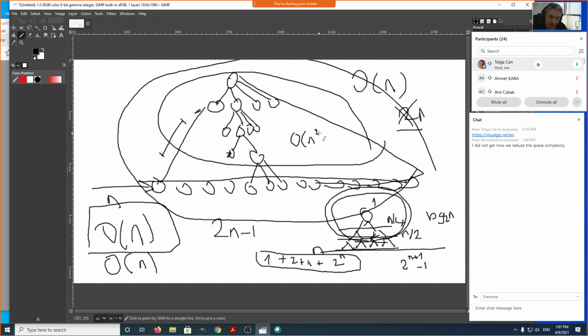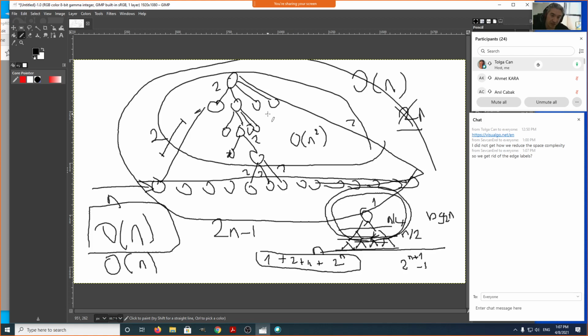This is the thing that increases the space complexity to O(n squared). Exactly. We don't get rid of the edge labels. We make them constant space. For example, if for each edge I store just two integers, what is this going to do? A constant factor times the number of edges is going to be linear.